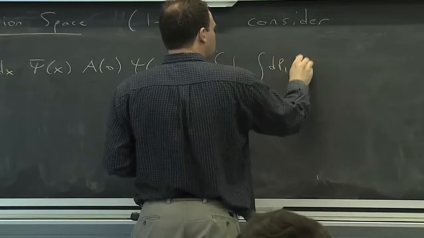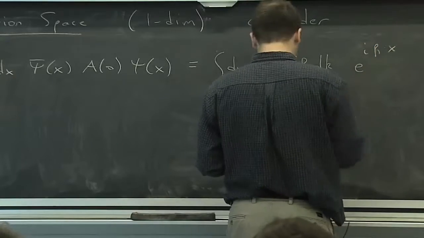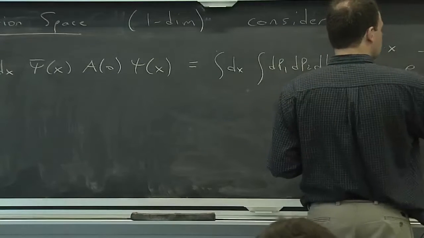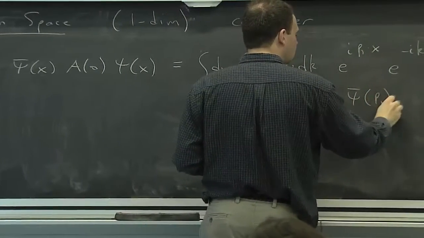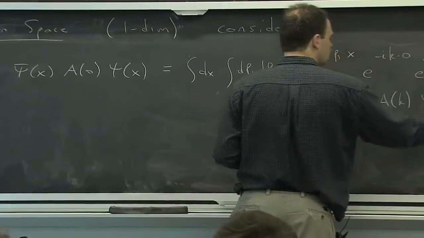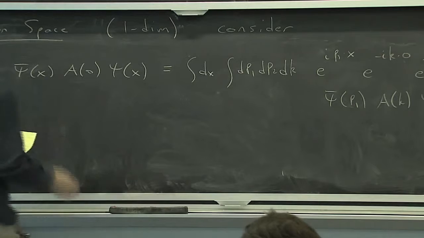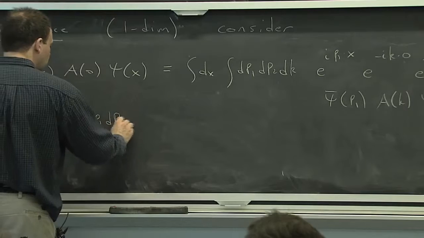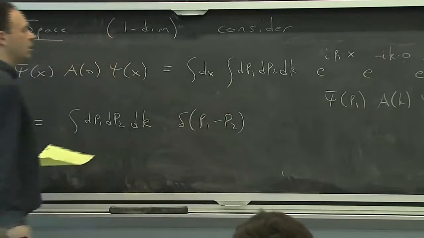We get some momenta, some phases, and then some momentum space fields. And I just put 0 because I put one of the fields in coordinate space at 0. Do the x integral. I get a delta function that says P1 is equal to P2, because I didn't have anything in the k.